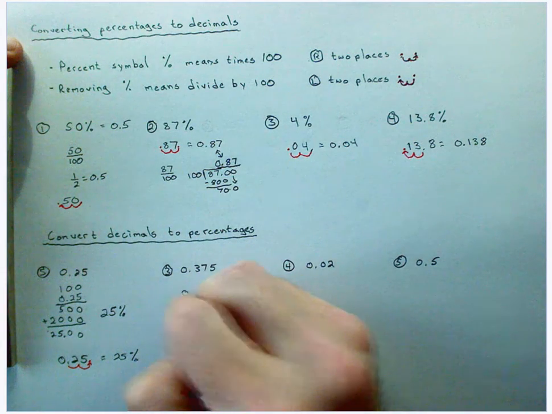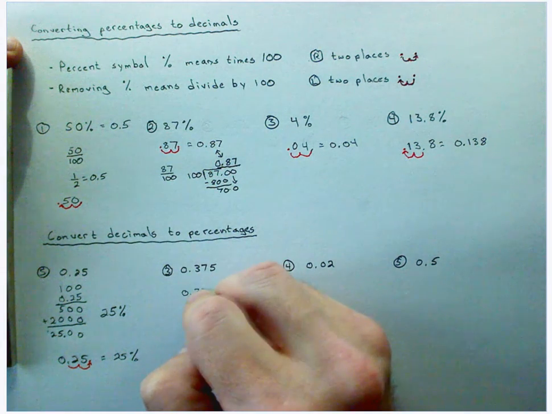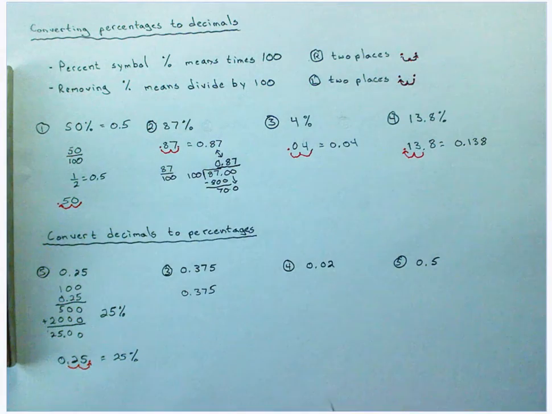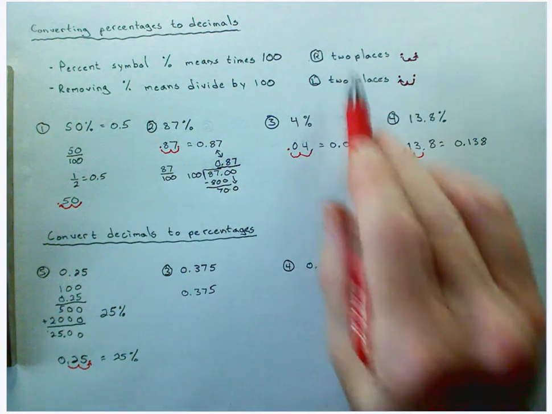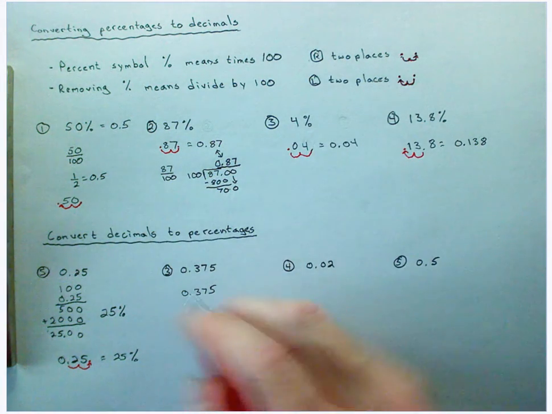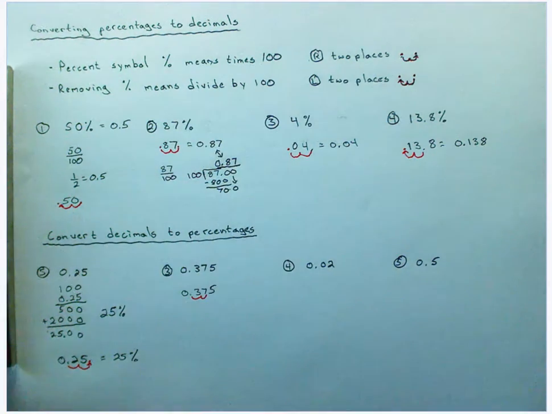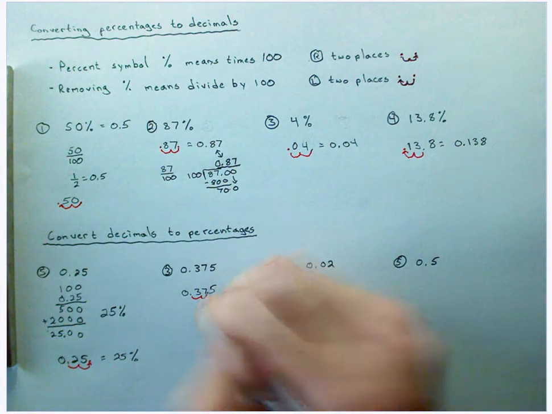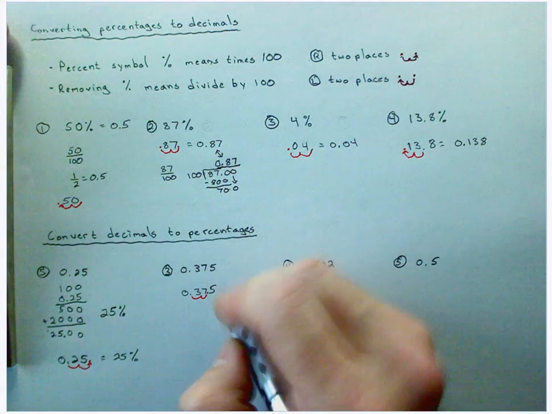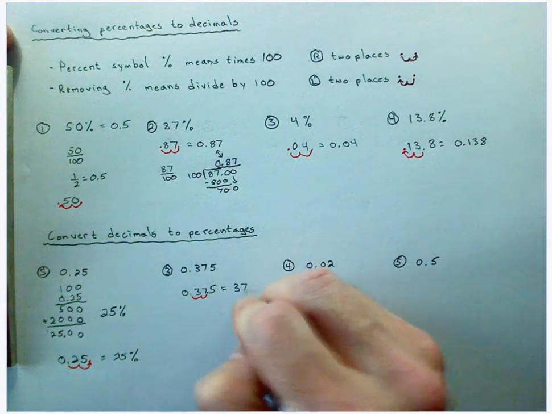We'll move the decimal place on this one. 0.375. I'm converting this to a percentage. That means I need to move the decimal place 2 places to the right. So 1, 2. And what I end up with, there's my new decimal place, 37.5. This equals 37.5%.